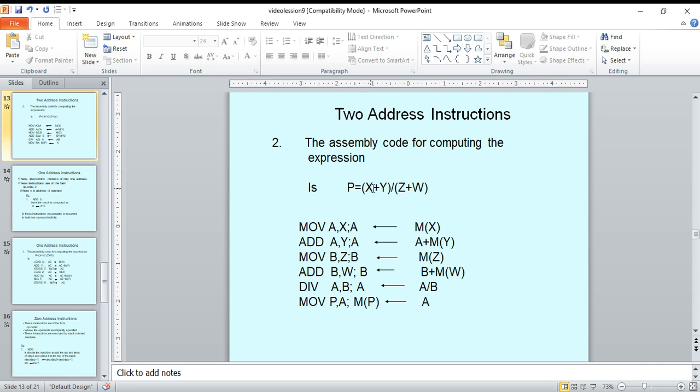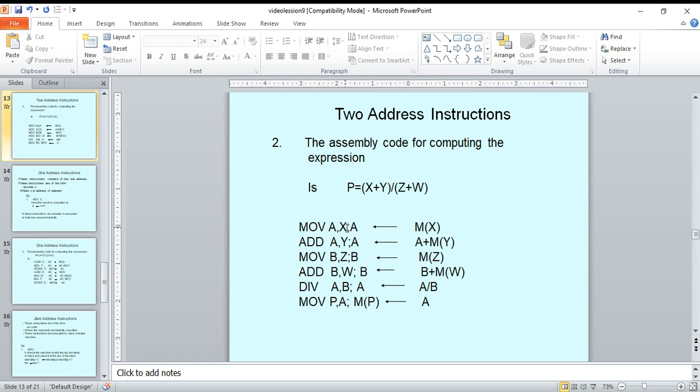Here we have to perform the addition of these two, X plus Y. These are the memory location addresses. First we have to get the data from the corresponding memory locations, because in the instruction format we can represent only two address fields. For that, MOV A comma X.